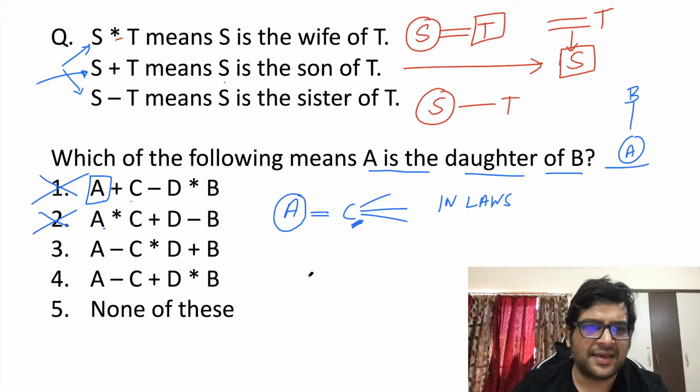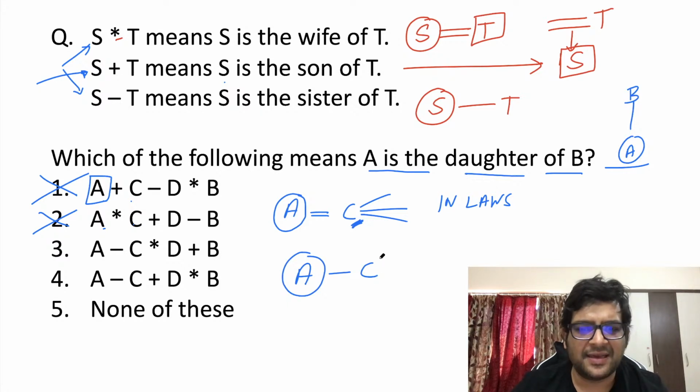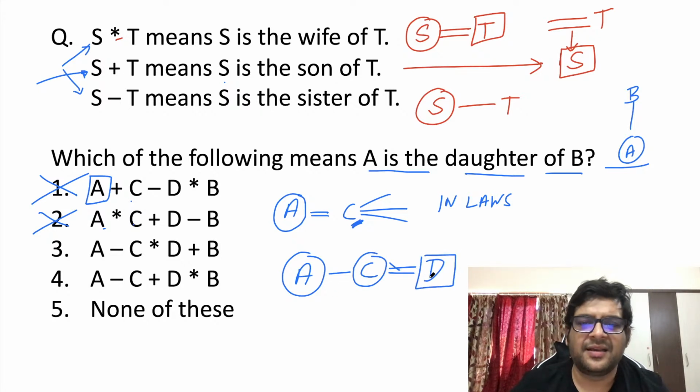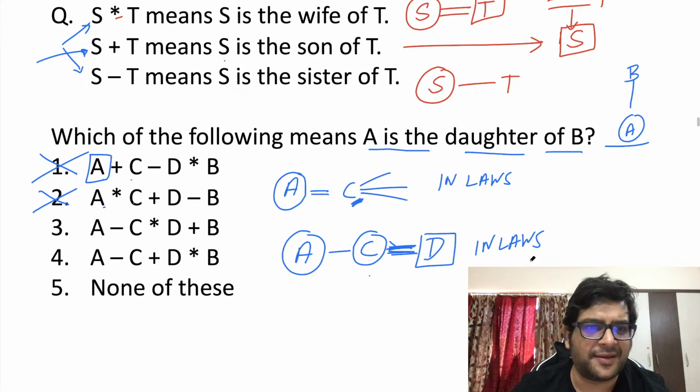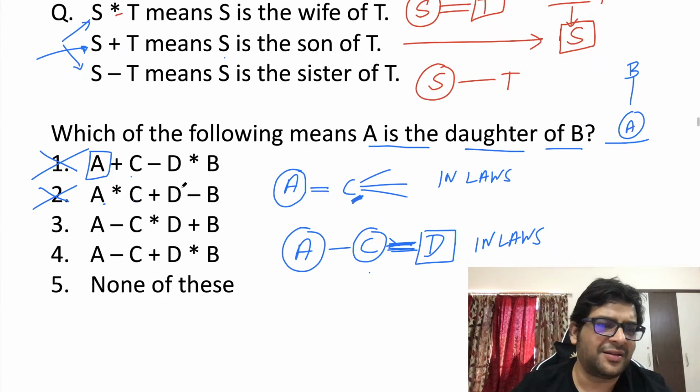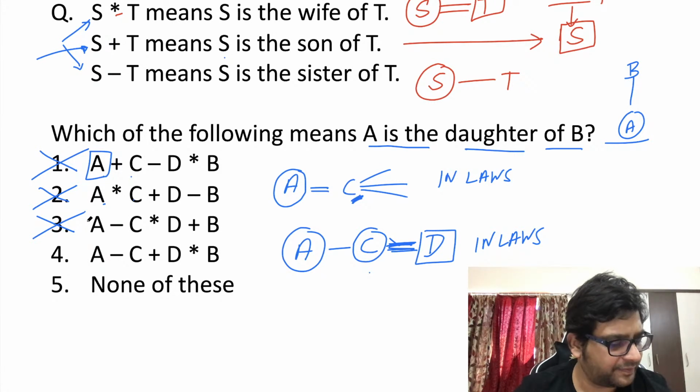Then A minus C: A is the sister of C. And if C then gets married and C is the wife of D, once you have the marriage part here, they will be in-laws of her sister. So once again, this is not possible. Option 3 is ruled out.